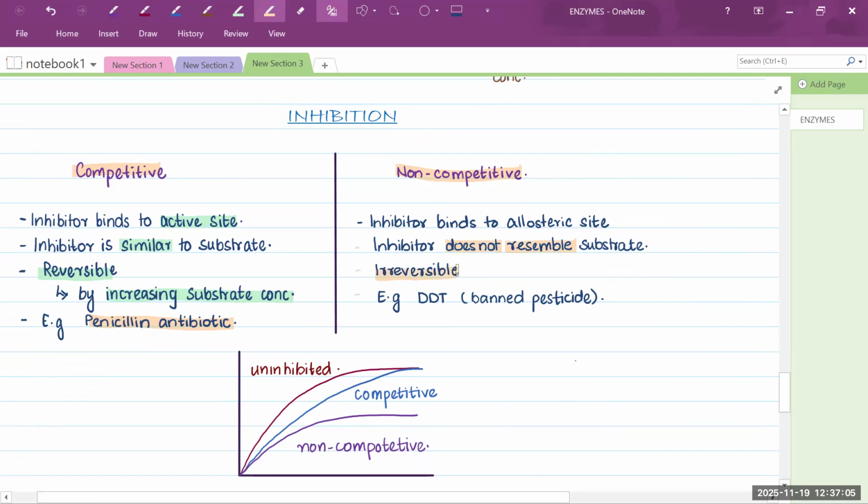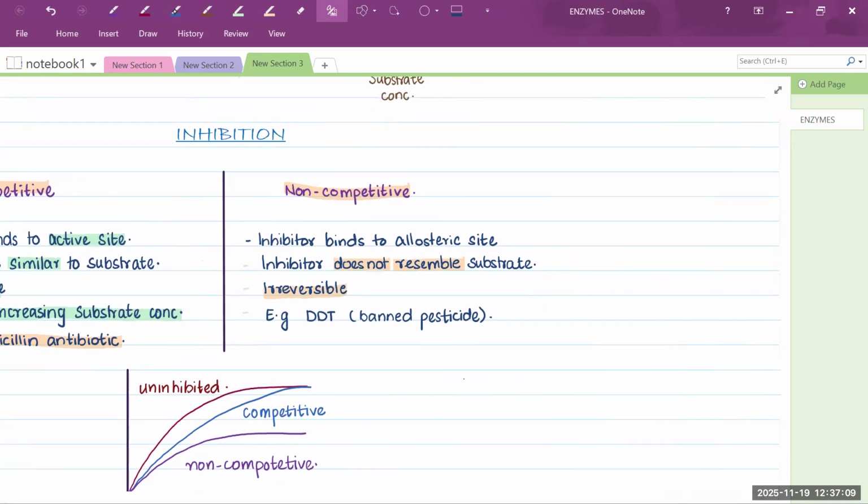Also, the inhibitor binds to the allosteric site. When we saw the structure of an enzyme, we saw that the enzyme had an allosteric site as well, right? So this was the active site, and this one here, in which the substrate does not bind, is the allosteric site.